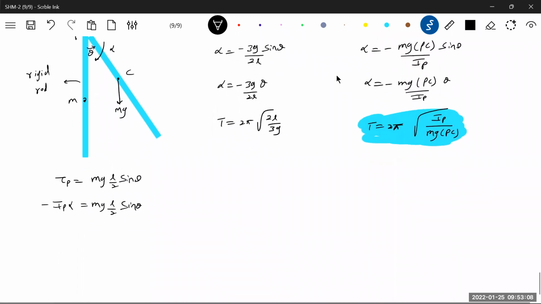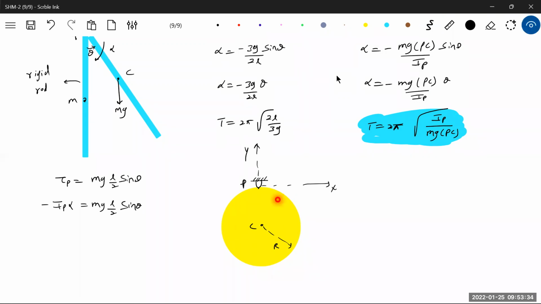Okay, the best thing is we'll start with the ring, or some disc. It is suspended about this point. This is the point of suspension. This is X, this is Y. So I'll displace this in the XY plane.